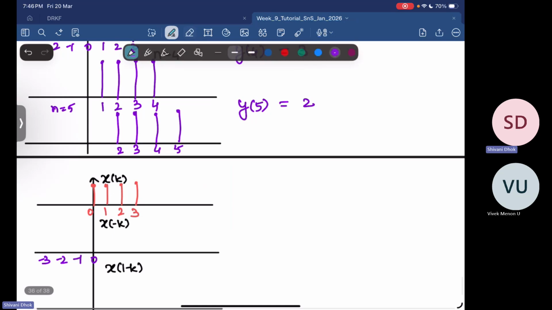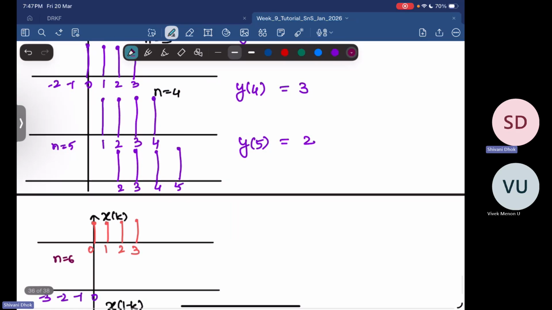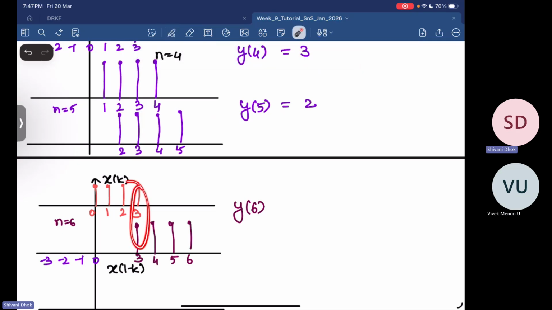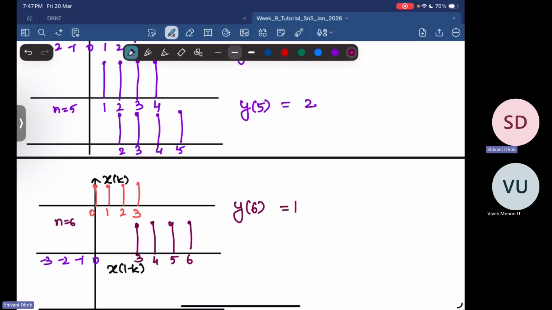Now you want n equal to 6. So n equal to 6, your things will start from 3. So 3, 4, 5, 6. So your y of 6 will have only one overlap, that is equal to 1.